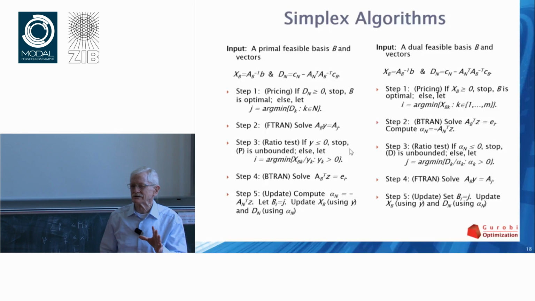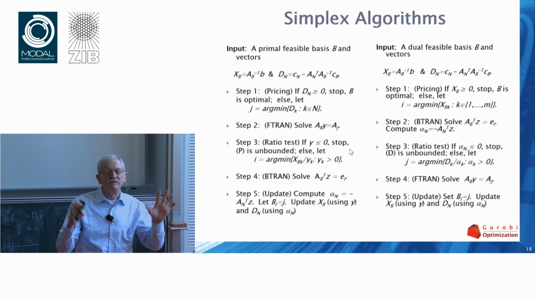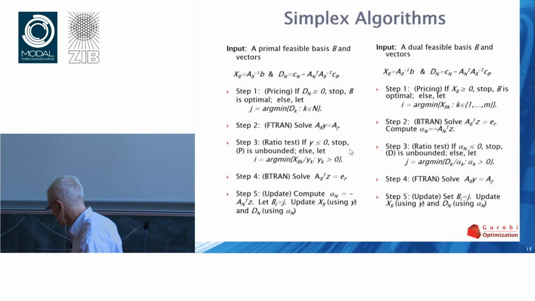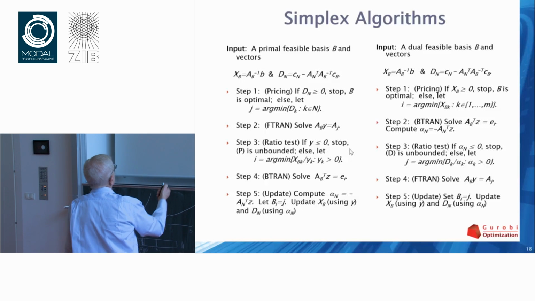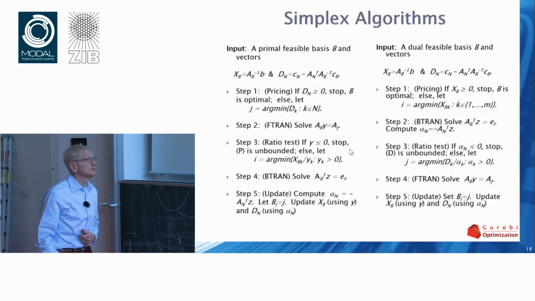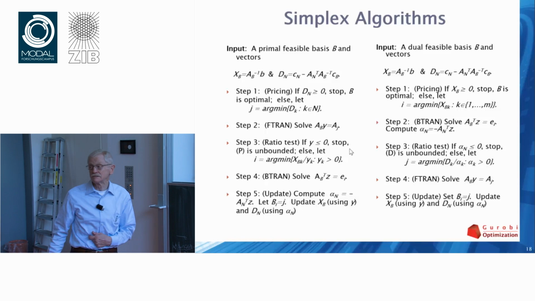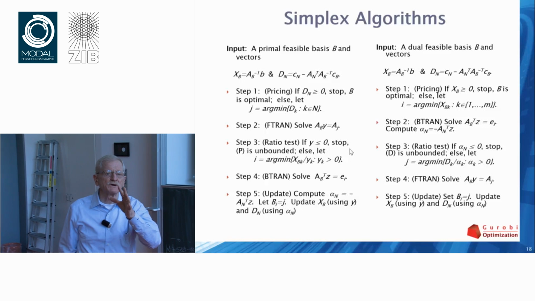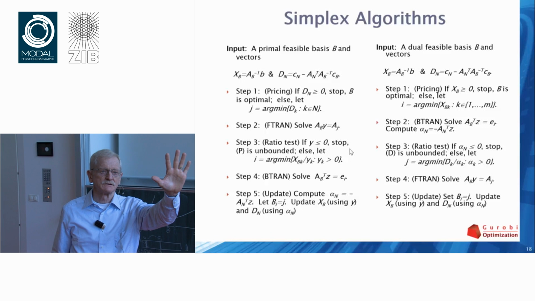But in practice, there are other big differences that are all hidden in this description. If you know the primal simplex algorithm, here it is in one description, in this pricing step you don't have to do what I said here. I'm saying pick the most negative reduced cost. But in fact, the algorithm works perfectly okay if you pick some negative reduced cost.